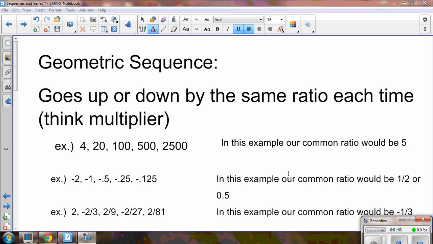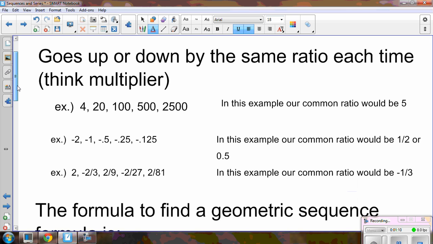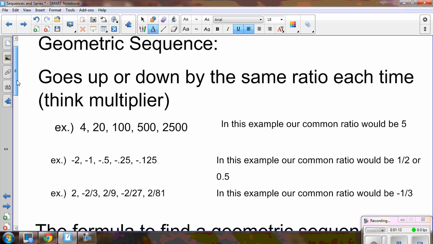If you look at our third one, our numerator is the same, but our denominator changes each time. So we would have 2, and then negative 2/3, and then positive 2/9, and negative 2/27, and then positive 2/81. At first, you may not notice that you are multiplying by the same number each time because it goes negative, positive, negative, positive.